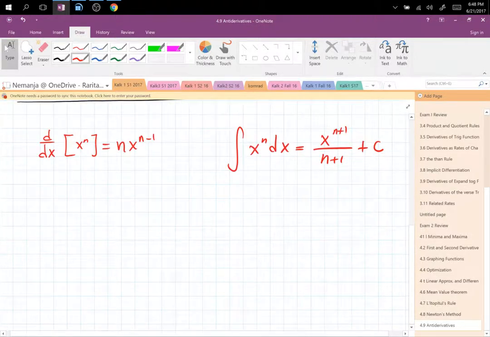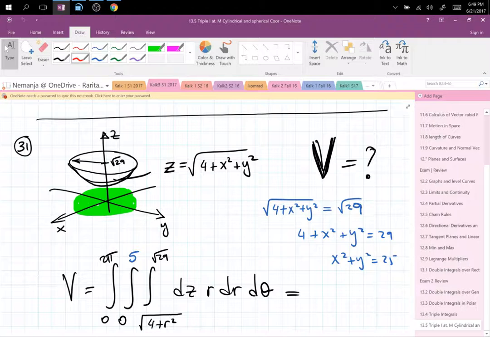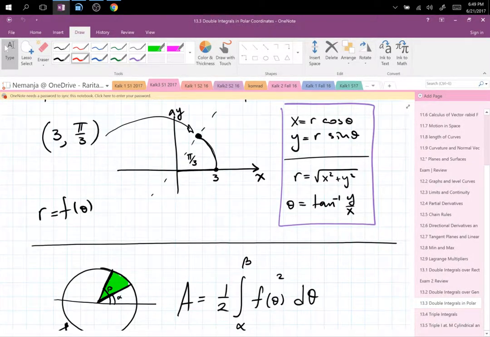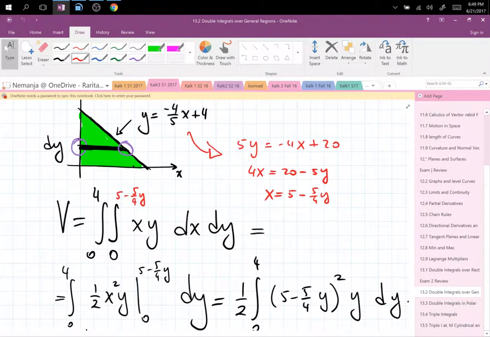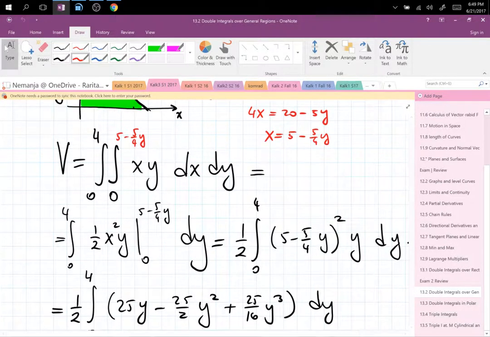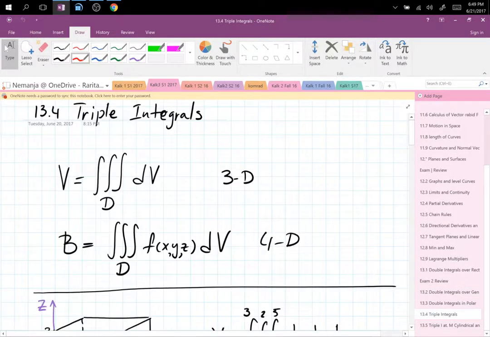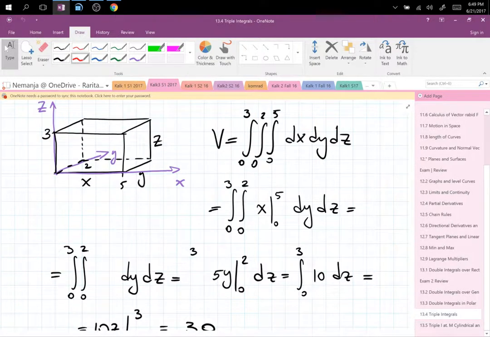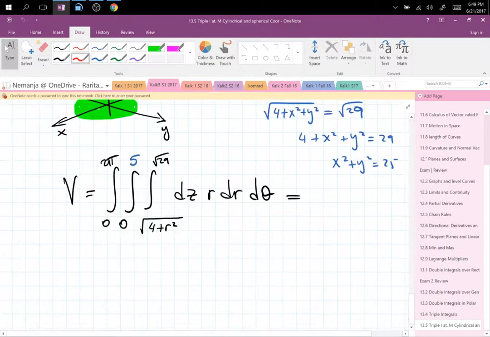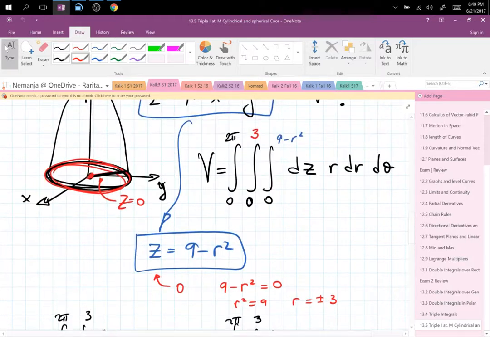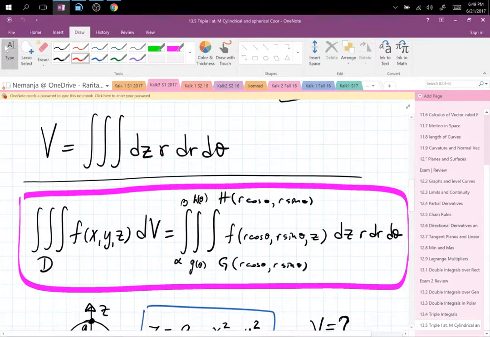Now, we're going to have 3 chapters following this lecture that only deal with integration, and that only scratches the surface of integrals, because later on you are going to have double integrals in Calc 2, triple integrals in Calc 3, triple integrals in spherical and cylindrical coordinates, which arise from polar coordinates, and so on.